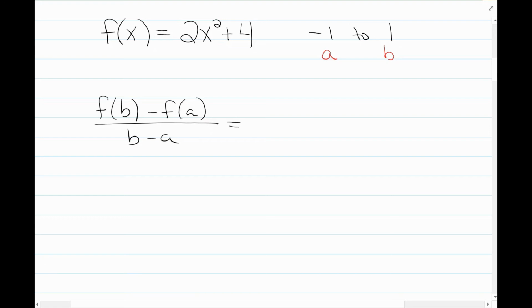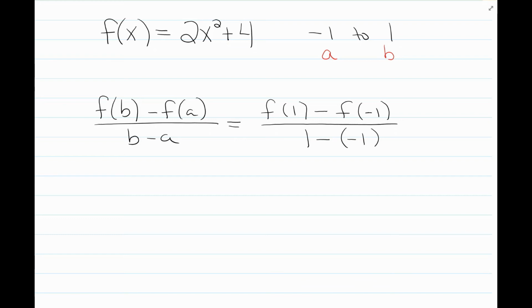So let's rewrite this. This will be f of 1 minus f of negative 1 over 1 minus negative 1. Be careful with your signs there, because the formula has a negative sign in it, but you're plugging in a negative number. Okay, so what does f of 1 mean?